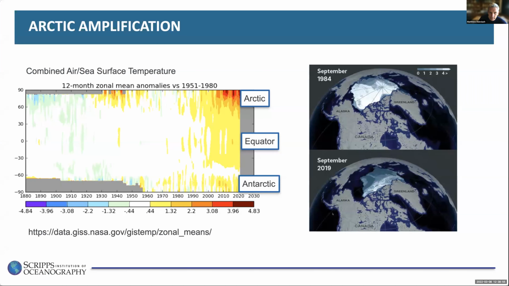The motivation behind this experiment, which everyone here knows, is that the Arctic is changing rapidly. On the right, you see a picture of the ice cover derived from satellite measurements in September 1984 versus September 2019.